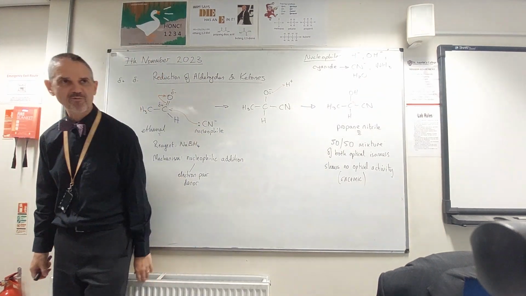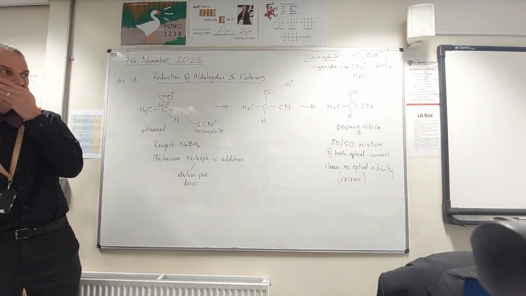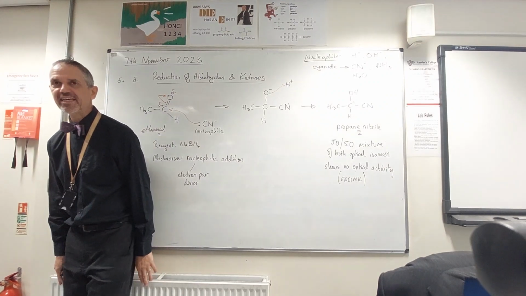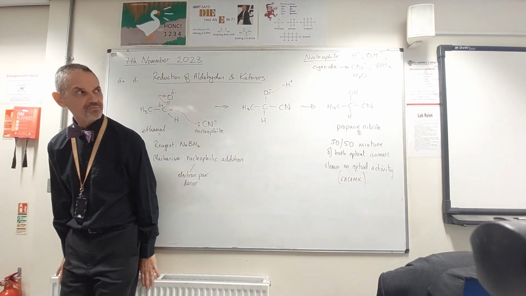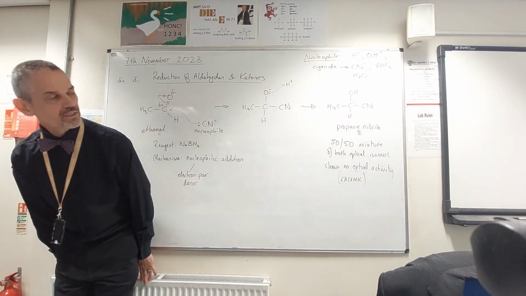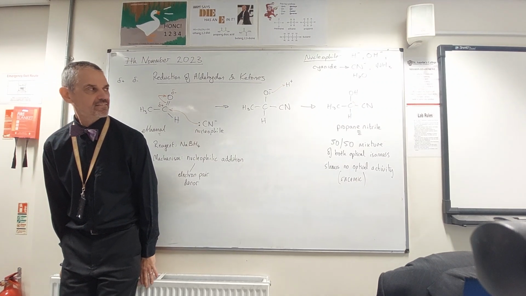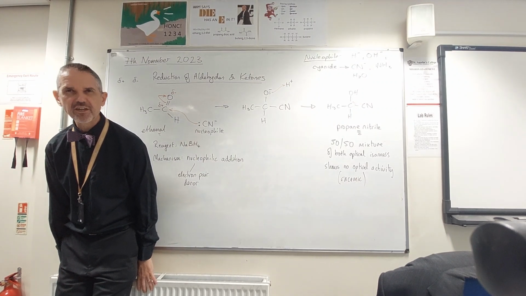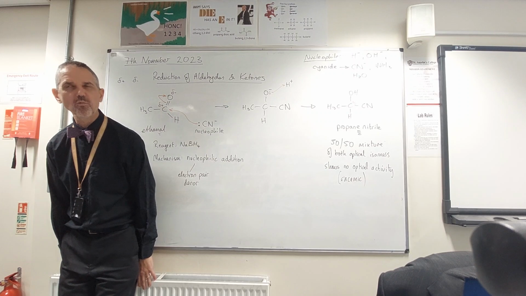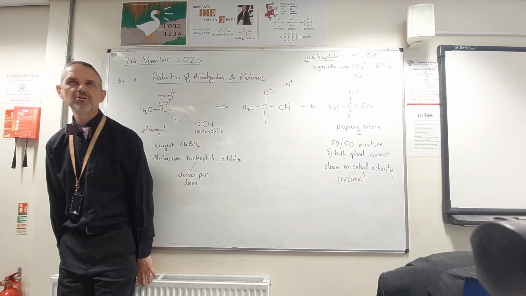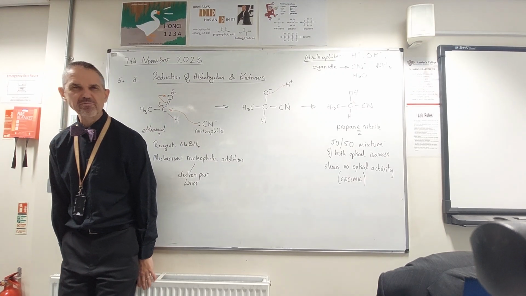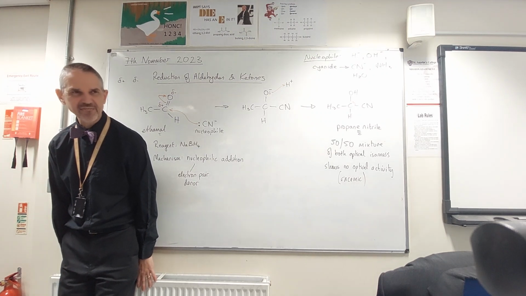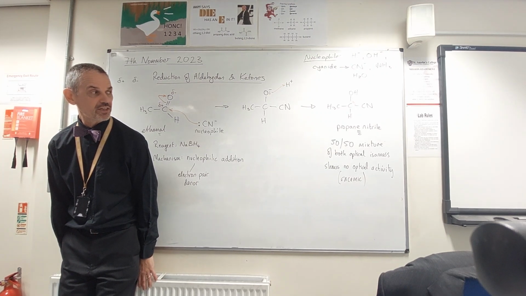Remember that word that looks like racemate, but isn't. So what we make is a 50-50 mixture. Okay. So before we go any further, we just need to understand why. Why do we not make one isomer? We make both, and we make both exactly in a 50-50 ratio.